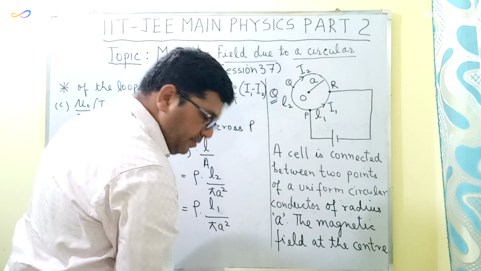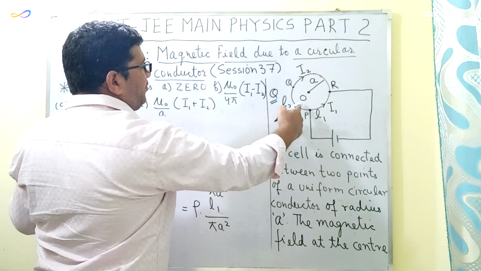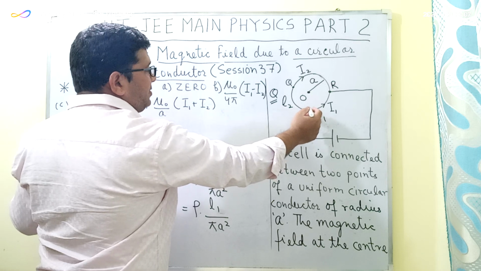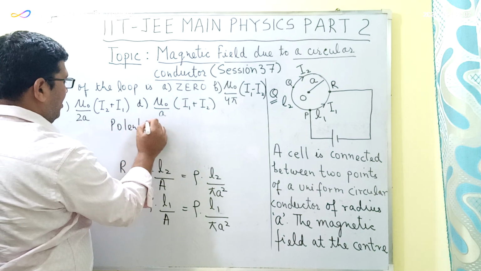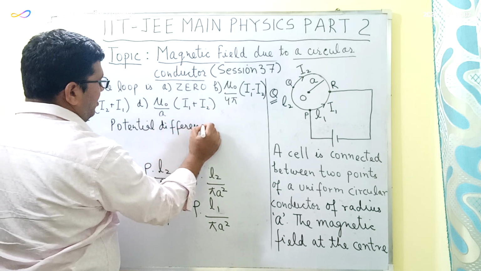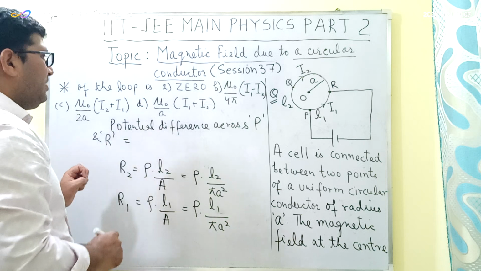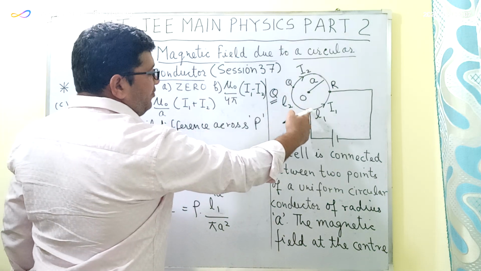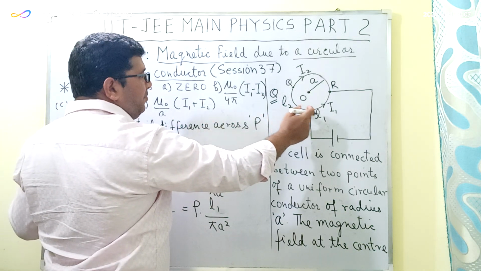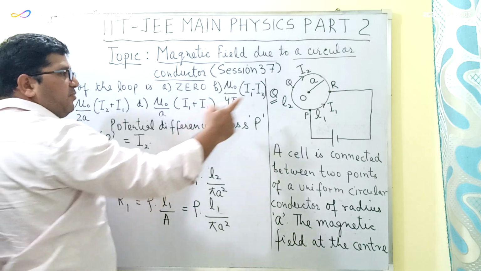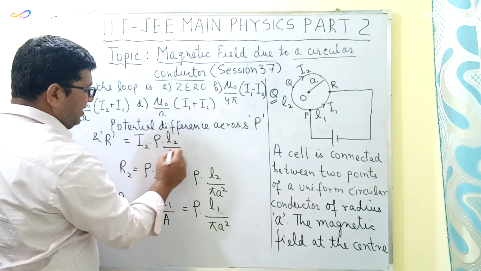Now the potential difference across the points P and R will be equal to V. First, considering the arc PQR, the potential difference across P and R will be equal to I2, the current flowing in this arc, multiplied by the resistance, which is rho into L2 divided by pi A square.